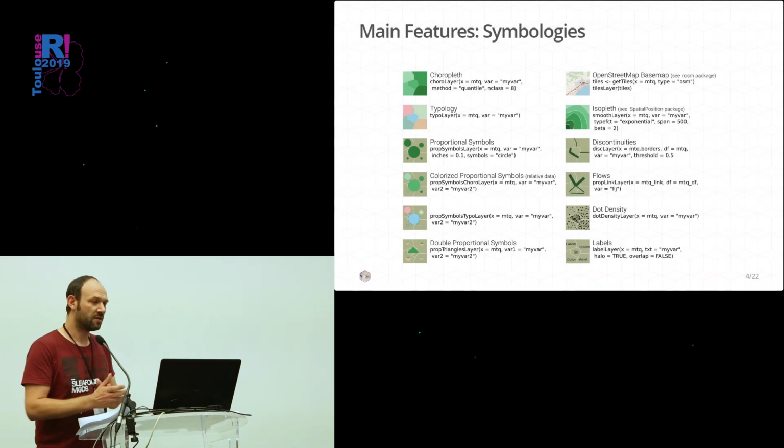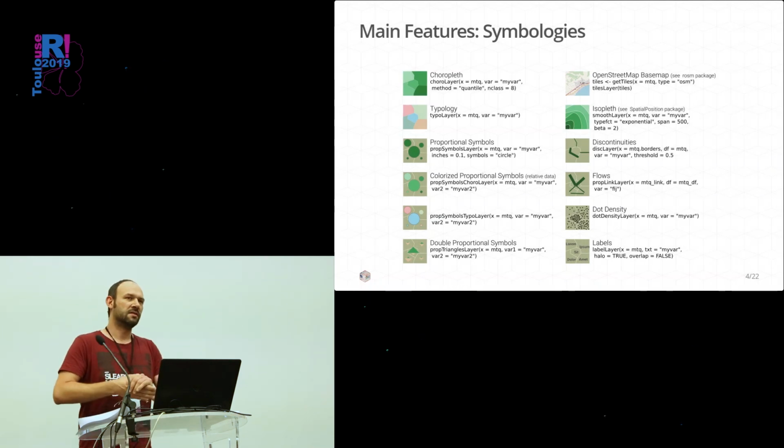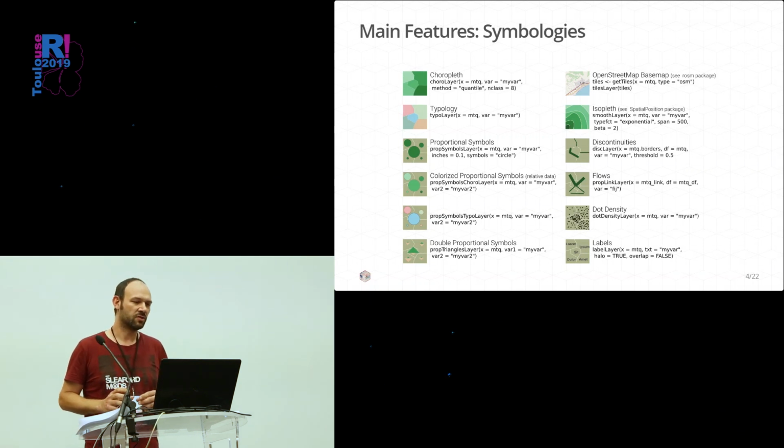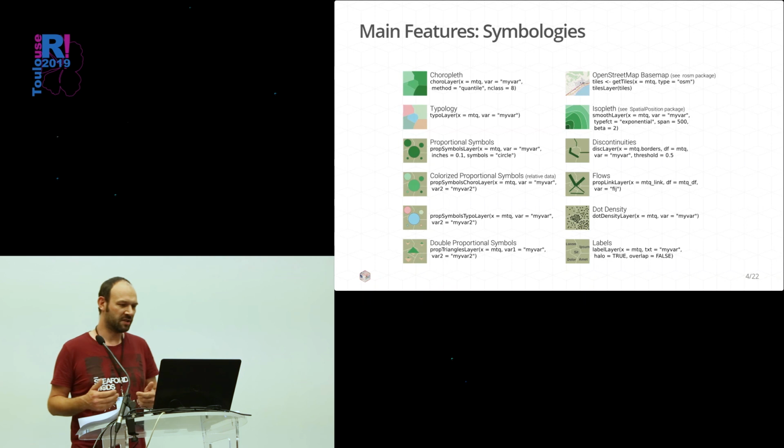What are the main features of cartography? These are features to create thematic maps, not to display spatial objects, but to create maps with specific representations. So we have as many functions as map types: choropleth maps, typology, proportional symbols, colorized proportional symbols.